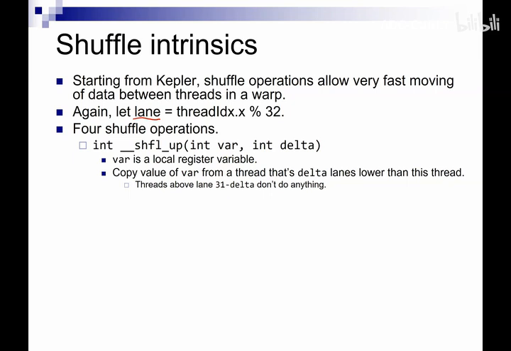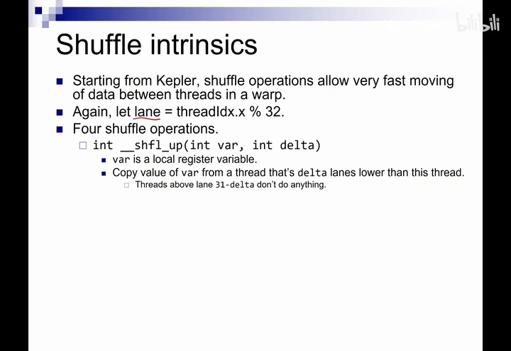What the shuffle up does is that it copies the value of var from one thread in the warp to a different thread, and it's going to copy from a thread that's delta lanes lower. So if you're a thread, then this shuffle up is going to copy the value of var from a thread that's delta lanes lower.